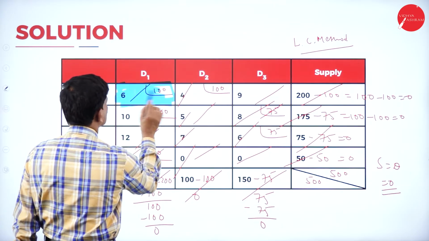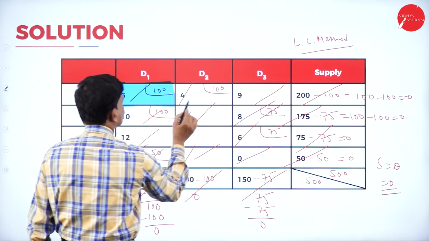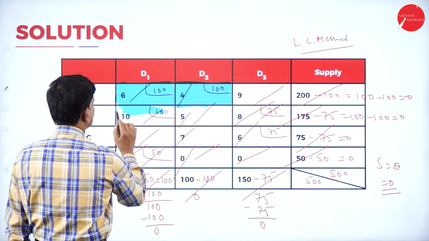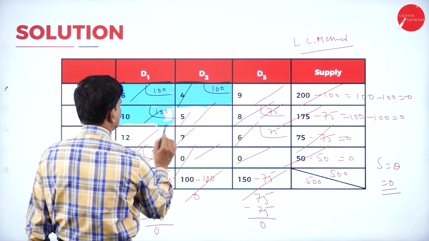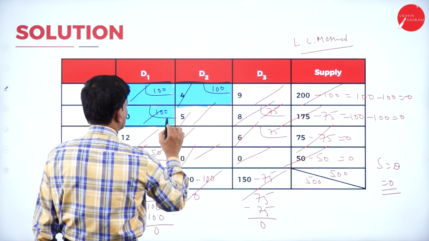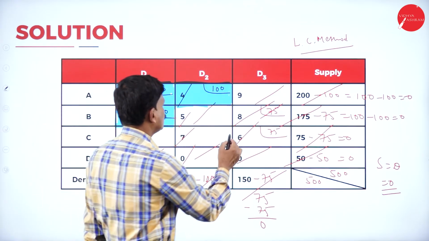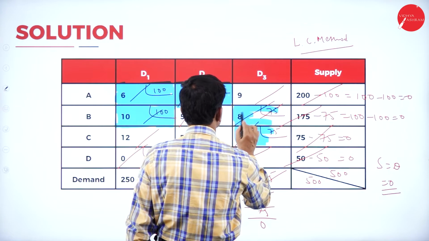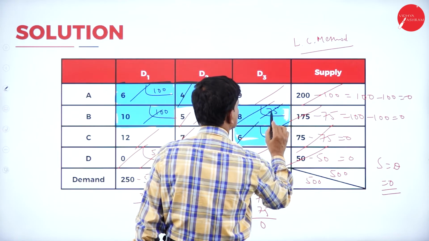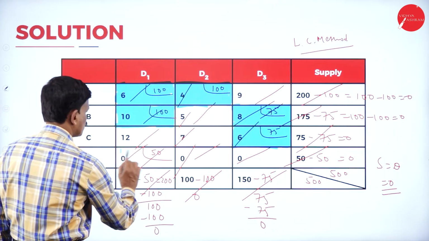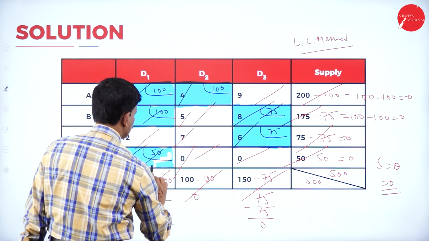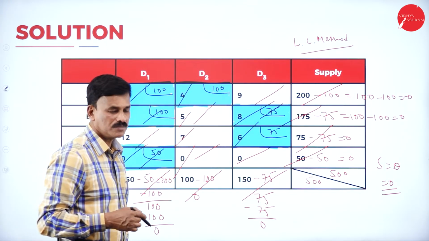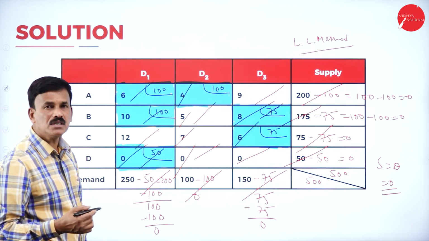This is one part, 6 into 100, plus 4 into 100 is 400, this is one part, 10 into 100, we'll get 1000 here, and then we have 75 into 8, this is another, and this is also the region where we can get the solution. Shade this, and this is the last point. 0 into any number is 0. Anywhere else, 1, 2, 3, 4, 5, 6 spots. That's it. Now, let me calculate the total cost of the transportation.